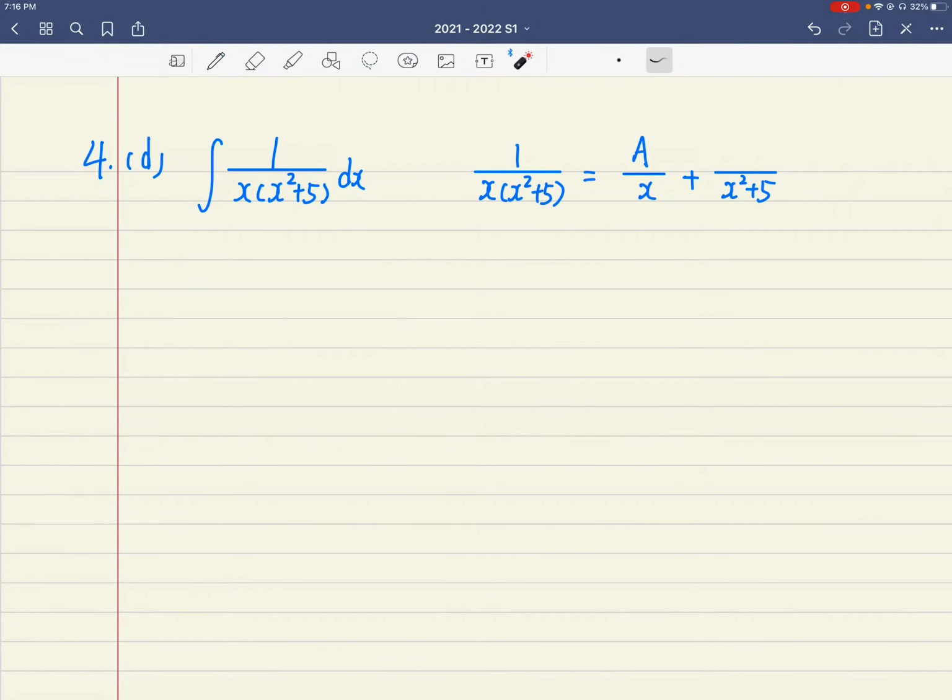The same reason here, the power of the bottom is x squared, which is 2. So the top should be x to the power of 1 plus some constant. So the top, let's call it bx plus c.